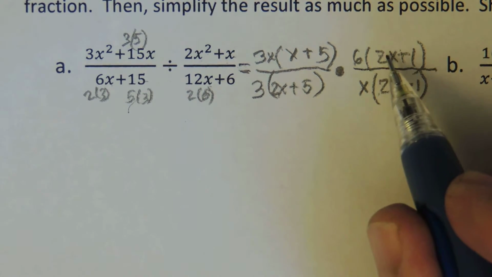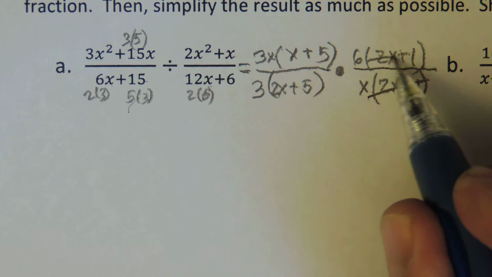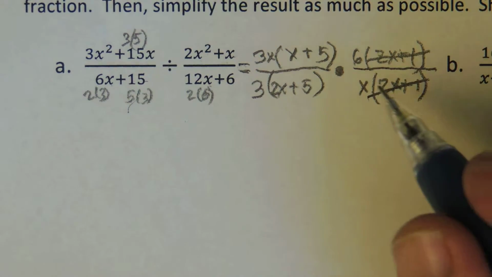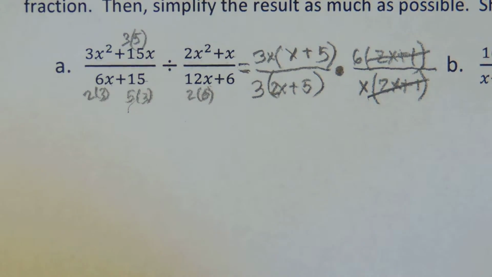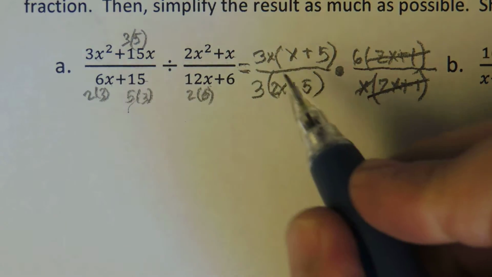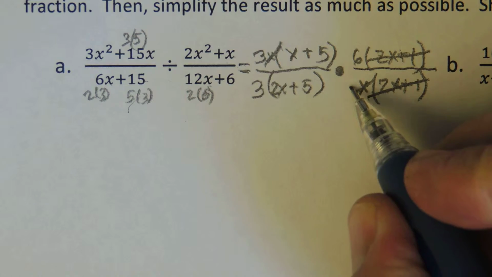Those are both factors because they're multiplied by a 6 and multiplied by the x. So I just say 2x plus 1 divided by 2x plus 1 is 1. 1 times 6 is 6. 1 times x is x. That x can also be canceled with this x up here, which is going to leave me 1 down here.